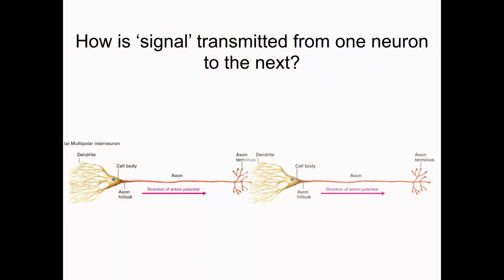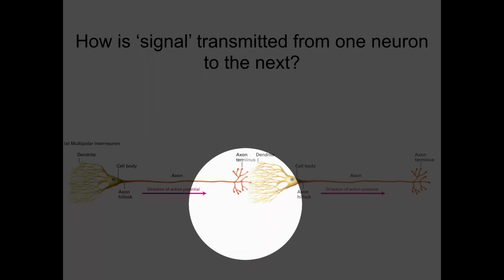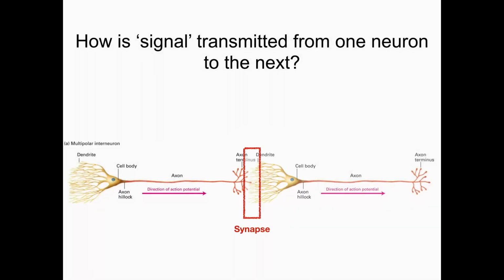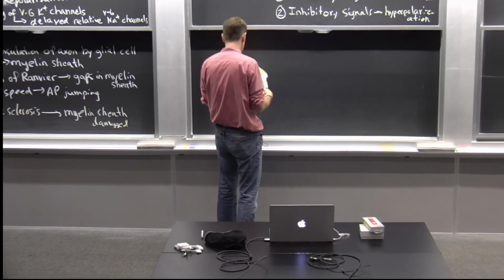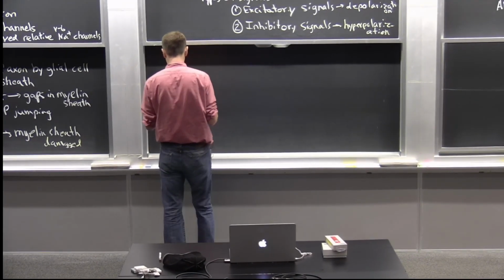Okay, so now we're focusing on the communication between one neuron and another, and this revolves around the synapse, which is basically the gap between the axon terminal of one neuron and the dendrites of a postsynaptic neuron, okay? And the way that multiple neurons communicate with each other is through a type of signal known as a neurotransmitter.